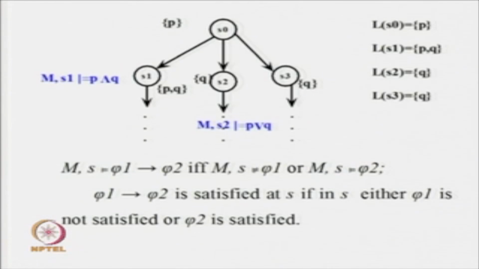Now you look again at the model that we have: S 0, S 1, S 2, S 3, a tree-like structure, and this is the labeling function that we have.